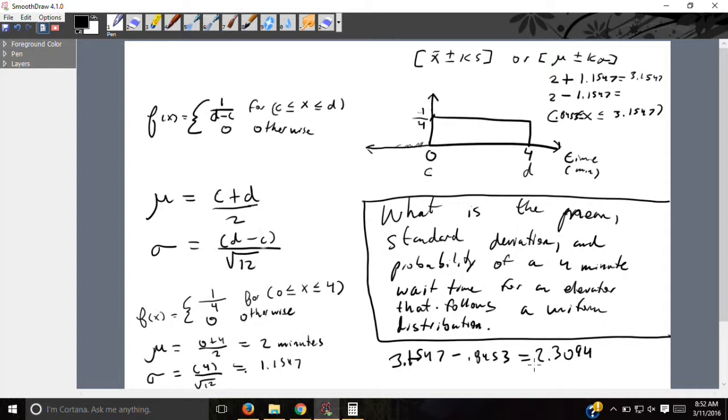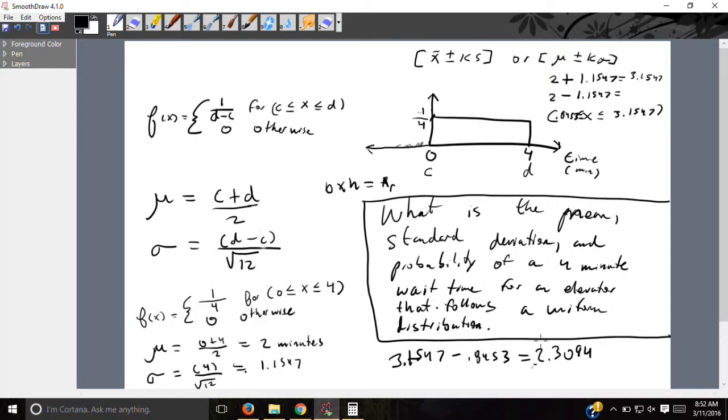Okay, and so why did I subtract the lower bound from the upper bound? It's because I want to find the specific area that my probability will land in. This is an area, so in order to find the true area, I need to do base times height, which is also the area for a rectangle.